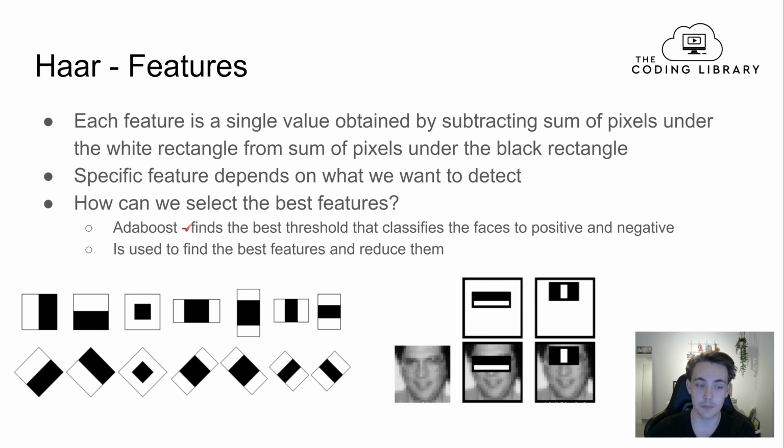It's also used to reduce the features, so we will be more efficient with our calculations, because we have to do fewer of them. So we will both be faster and have a better approach when we're using this AdaBoost compared to if we didn't do any optimization at all.